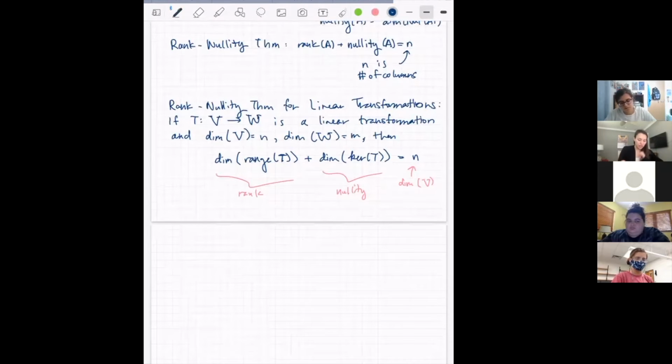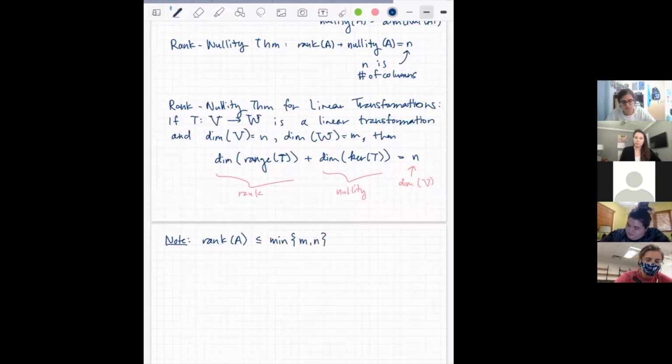One thing to note that I'm not sure we mentioned before, so let's say it now: the rank of a matrix A, if it is m by n, is less than or equal to the minimum of m and n.